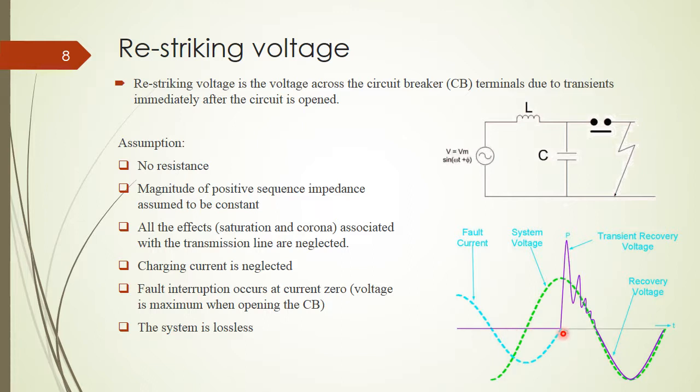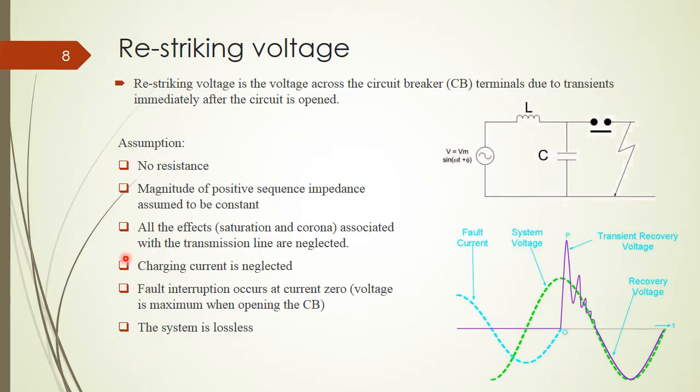But when it opens, normally we expect that it will jump to the real voltage here, but no, it doesn't. Instead, it will jump very high, then oscillate and go back to the normal system voltage. We call this transient behavior. And after that, the voltage recovers to the voltage of the system, and we call this the recovery voltage, back to normal.